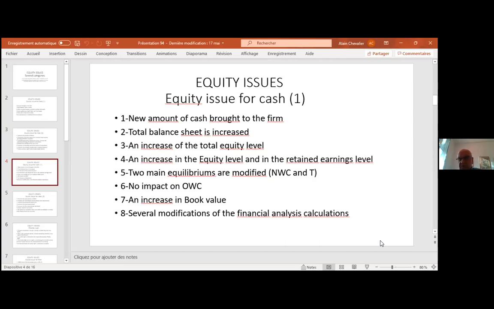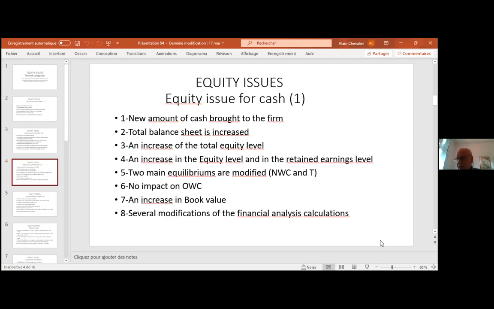When you sell shares to the market, you sell shares to the shareholders. And on the right side of the balance sheet, you increase the level of total equity. On the other side, on the left side, you increase the level of cash.